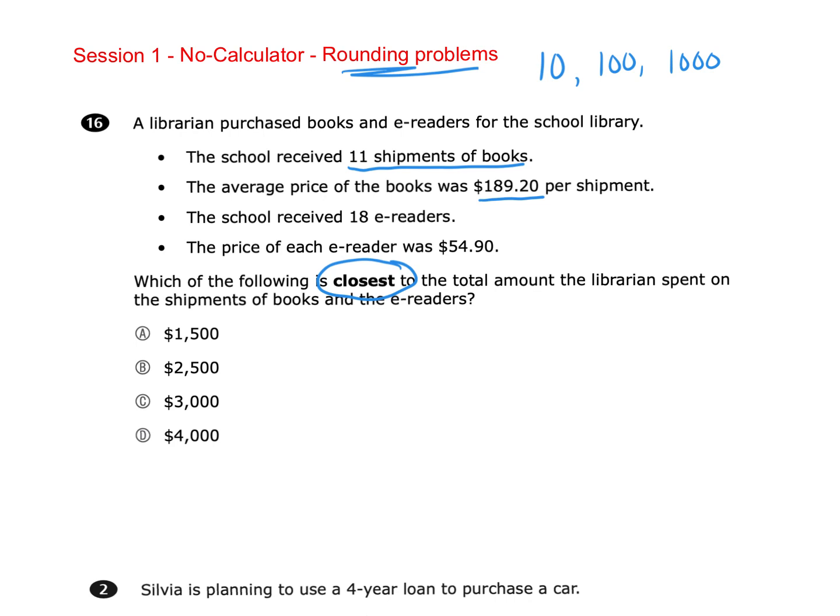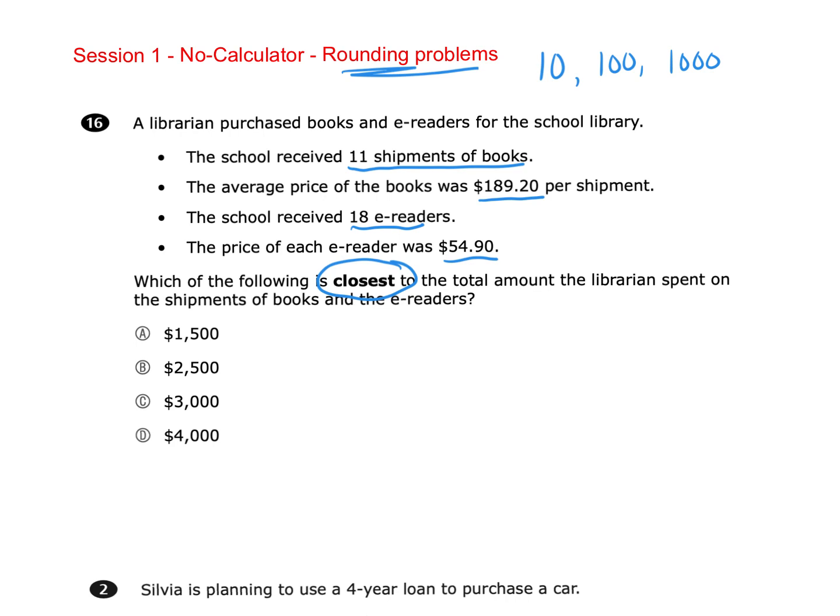The school also received 18 e-readers, and the price for each e-reader was $54.90. So the question is, which of the following is closest to the total amount the librarian spent on both the books and the e-readers? The first thing I want to do is round each of these numbers that I've underlined.